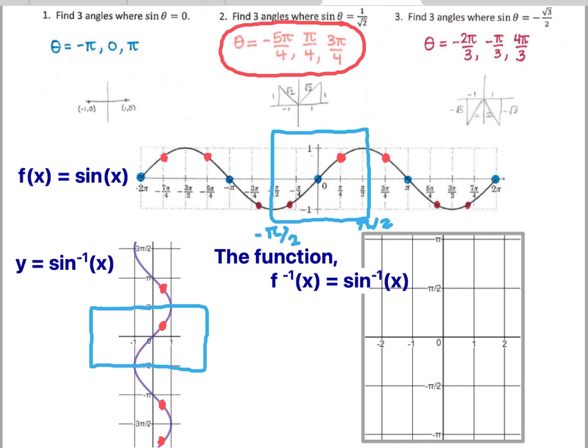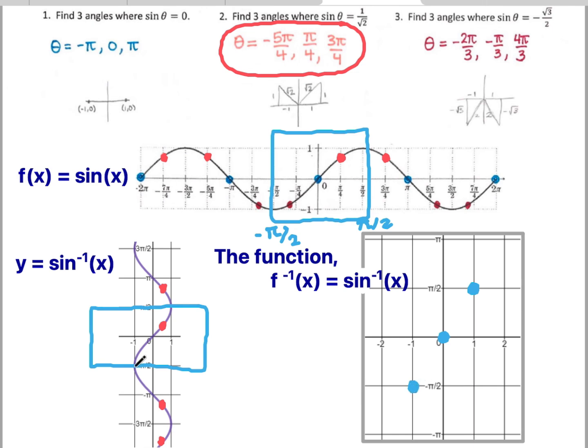Let's redraw that little chunk. On the back of your worksheet from yesterday, you could redraw this. We know that, for example, the sine of pi over 2 was 1. So the inverse sine of 1 would be pi over 2. Sine of 0 is 0, so inverse sine of 0 is 0. And sine of negative pi over 2 is negative 1, so inverse sine of negative 1 is negative pi over 2.